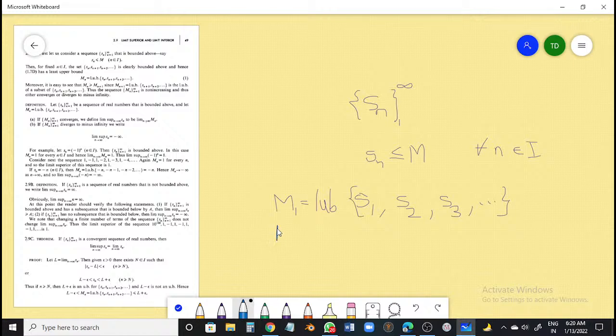Then we'll go with M2. M2 will be the LUB, least upper bound, means supremum of the set starting from S2 onwards, S2, S3, and so on.